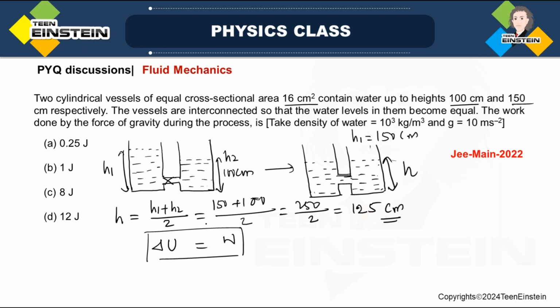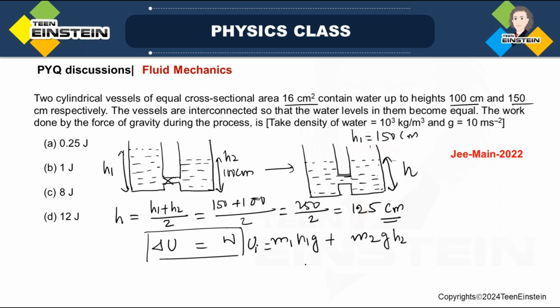So what is the gravitational potential energy difference? In the first case, suppose the mass of the water or liquid in the first vessel is m1. So m1 h1 g, plus the potential energy, this is the initial potential energy, m2 mass of this into g into h2, mgh.